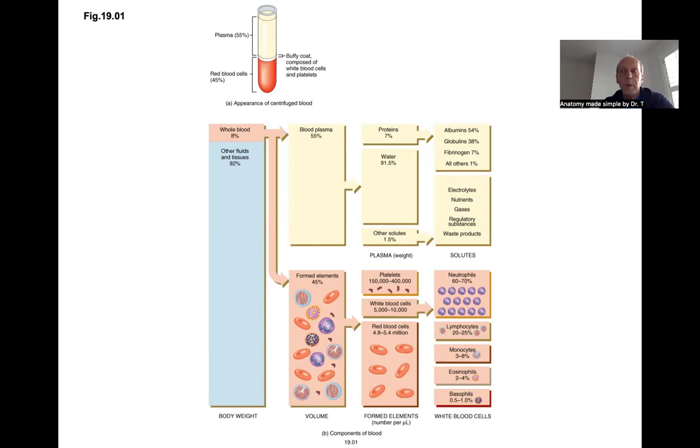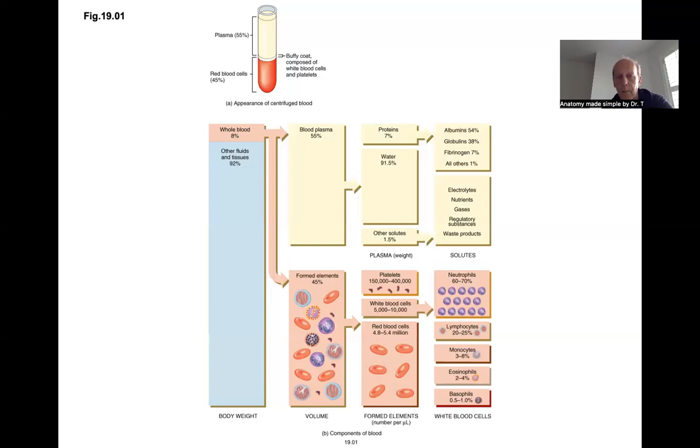If we're to understand what the composition of the blood is, we have to perhaps think about what this vial is showing to us. If a sample of the blood fills up the testing tube and it's put into a centrifugal machine, there will be a separation of formed blood elements from the liquid component.